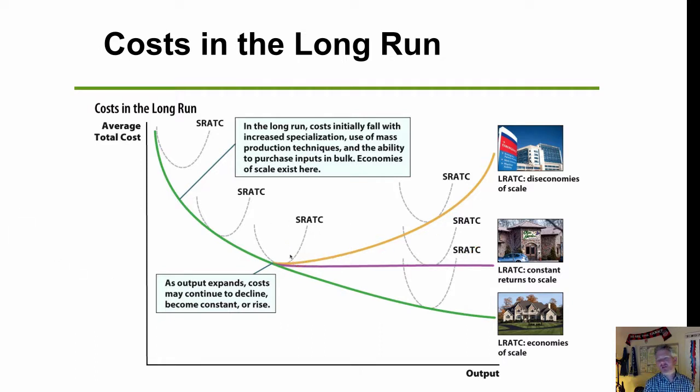And if you have economies of scale, then the short run average total cost curves go like this. So the shape of all those cost curves, when I again slap some tape on the bottom, if it looks like this, the green line, then you have economies of scale. If it's flat, then you have constant returns to scale. And if it's increasing, then you have diseconomies of scale. You're so big that your long run average total cost is actually increasing.